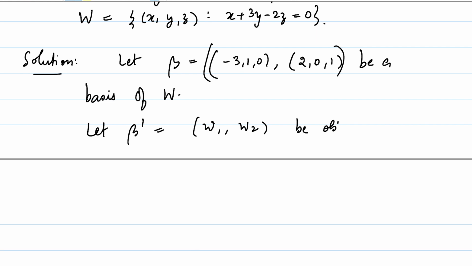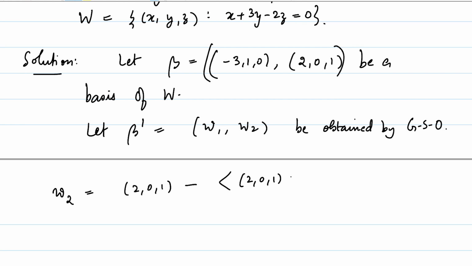We obtain it by the Gram-Schmidt orthonormalization. Let me just write it in short here. So what will our W2 be? It is just going to be equal to (2, 0, 1) minus the inner product of (2, 0, 1) and (-3, 1, 0) by the length of W1 squared, which is 10, times (-3, 1, 0).